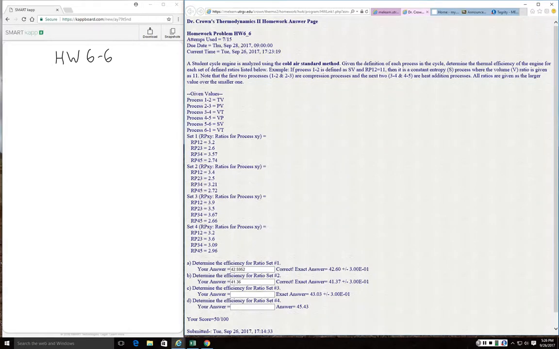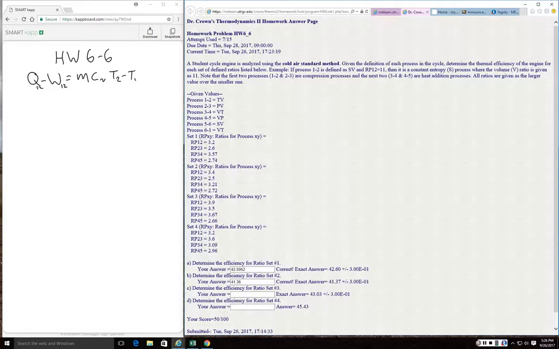So for starters, we probably want to have the first law: Q minus W equals delta U technically, but delta U can be written as m C_V delta T for constant specific heat, so I'm going to write it that way. m C_V delta T, or if it's, say, 1 to 2, then this would be T2 minus T1.